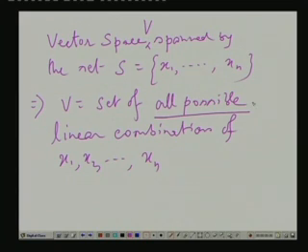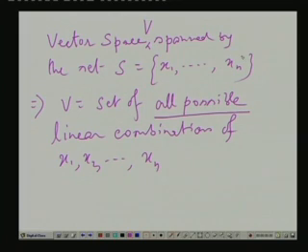This is again another linear combination, and since V consists of all possible linear combinations, this will belong to V only, and we say that V is closed under scalar multiplication. Okay. Likewise, you can have the 0 vector: just multiply the elements x1 to xn by scalar zeros, add them, and you get the 0 random variable, which is the 0 element or 0 vector for the vector space V. So V contains the 0 vector also.